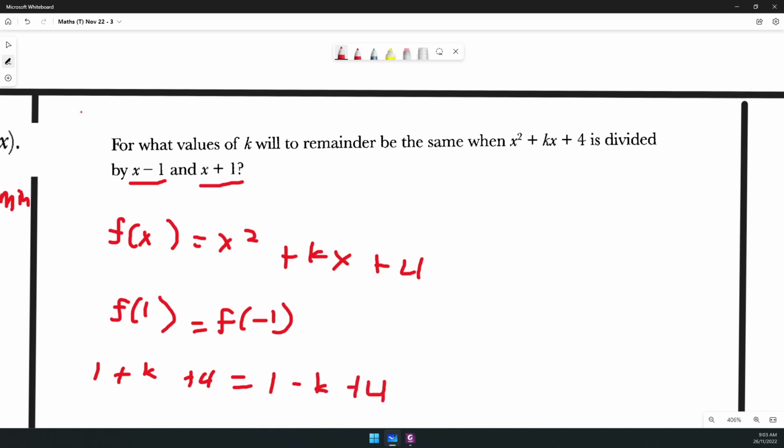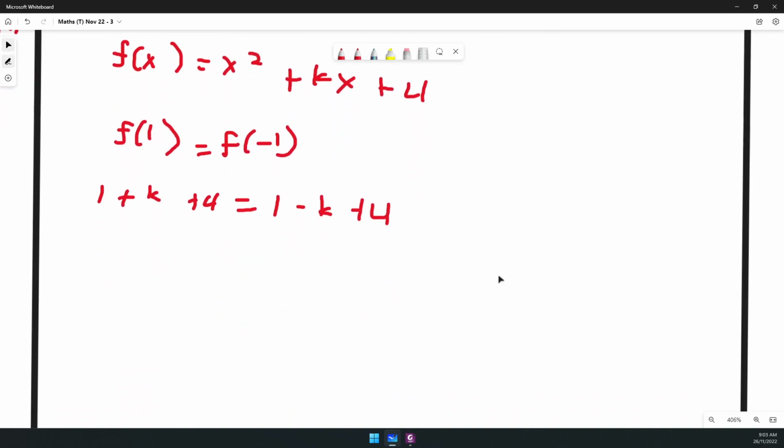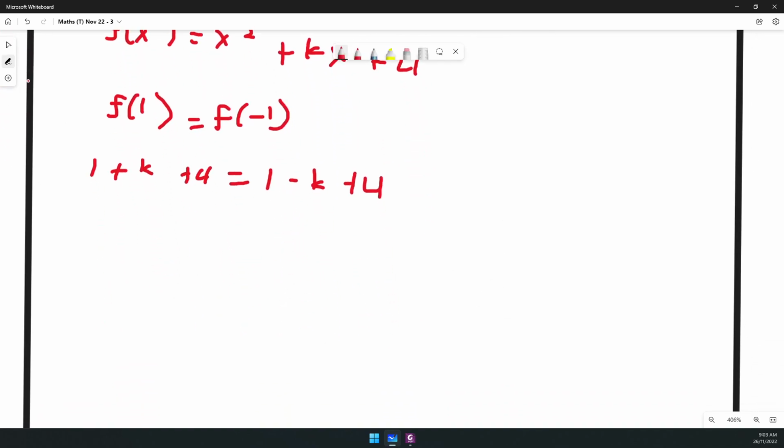Good job. So you'll get something like this: k plus 5 and negative k plus 5. In the end, both of these will cancel out, so it'll be 2k equal to 0 and k will also equal to 0.